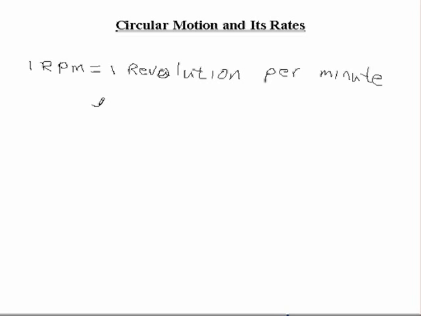If it makes 1 revolution in a minute, then it makes 1 complete angular circle per minute.